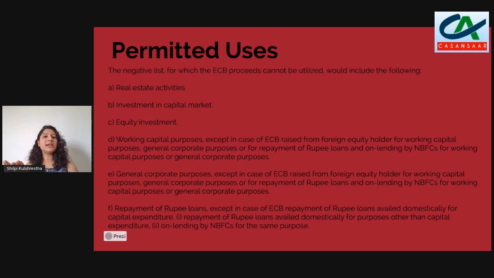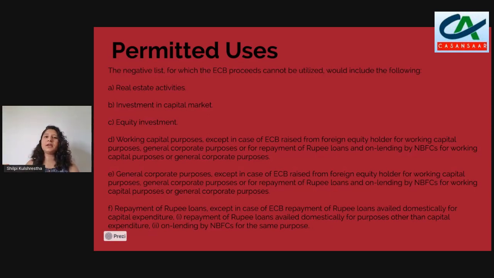If you are getting that ECB from a foreign equity holder, it is permitted, otherwise it is not permitted. For general corporate purposes, again, if you are getting it from your equity holder, it is permitted, otherwise it is not permitted. Or repayment of rupee loans availed domestically, except in case of ECB, or capital expenditure, right?